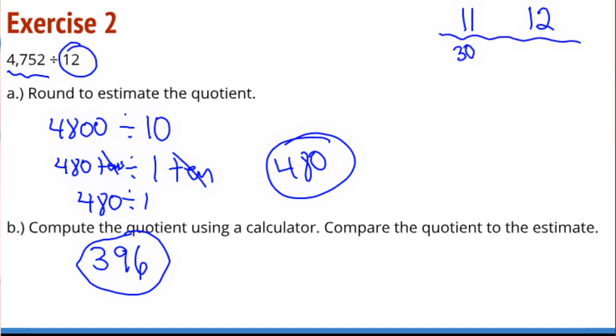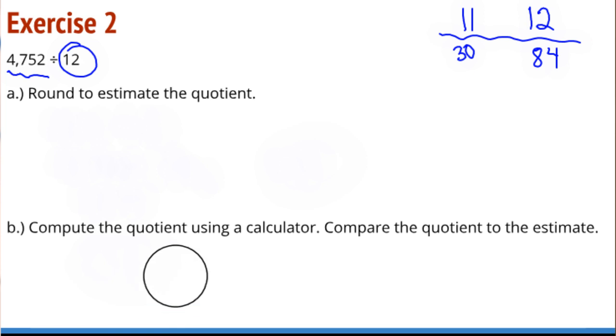Our estimated quotient was about 30 from our calculated quotient. This time, 480 minus 396, and I'm going to put an estimate here. Well, I don't even have to estimate. We're 84 away. Notice that our estimated answer is a little bit further away from our actual quotient. Observing patterns here.